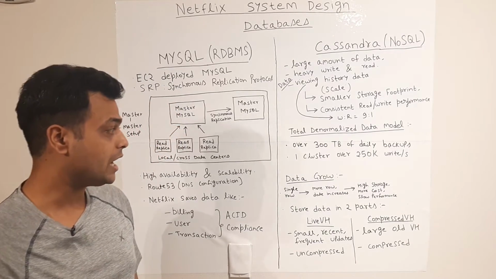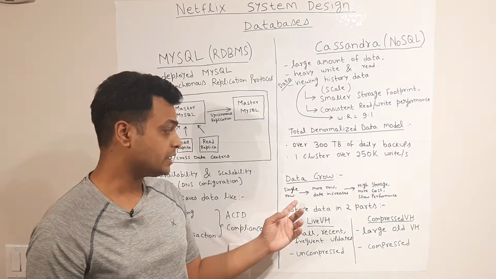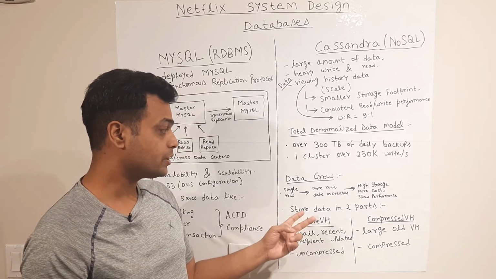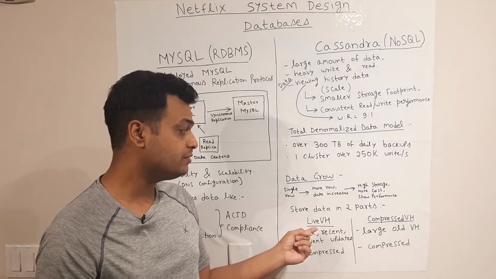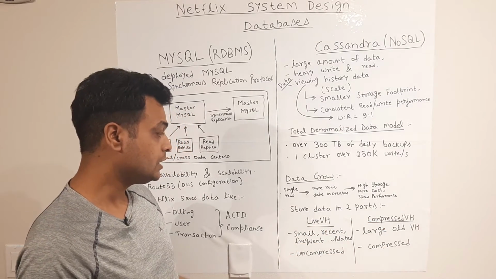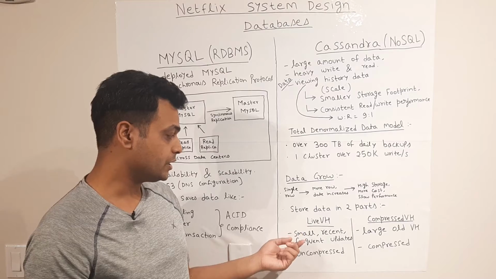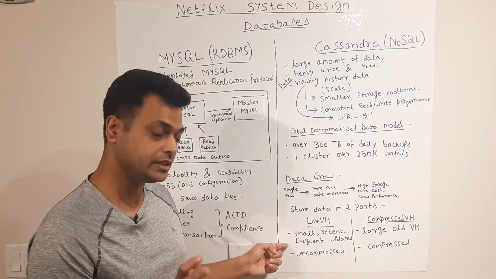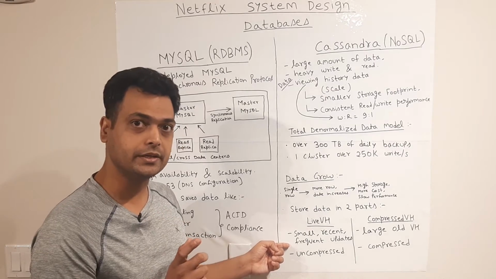So in order to do that, Netflix came up with a strategy of storing the data into two parts: live viewing history and compressed viewing history. In live viewing history, it stores small chunks of data which are recent and frequently updated.